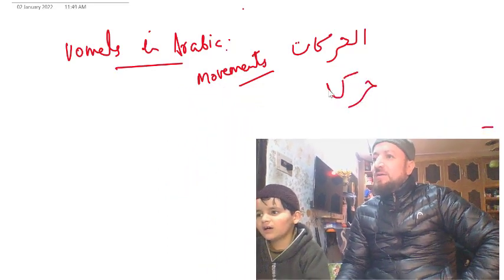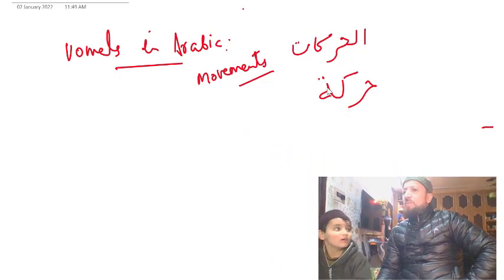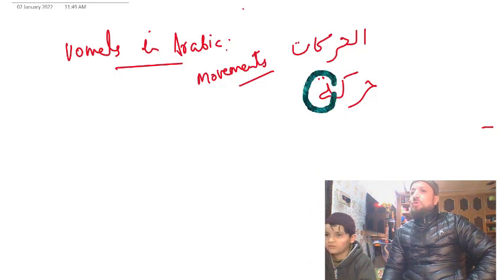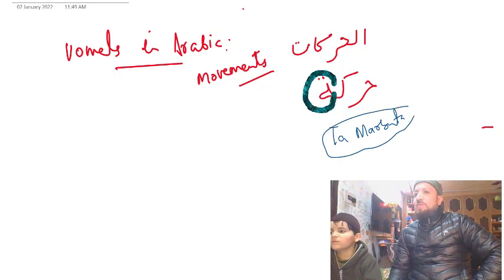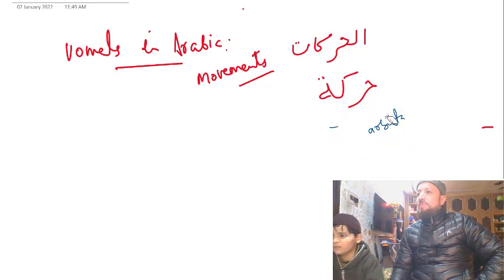Harakah. But there is a ta here. Harakat. Remember one thing. This is called ta marbuta. The ta marbuta has the property that if we stop here, it will be read as ha.